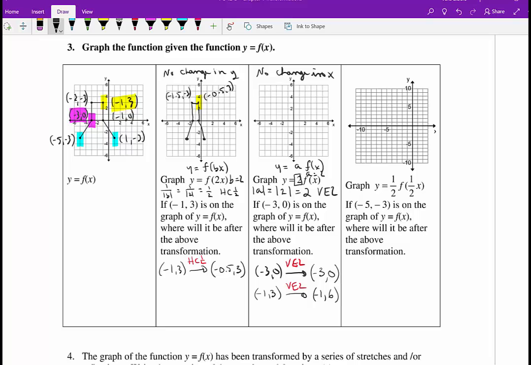Okay, so our point -3 and 0 stays the same, so we can plot that right here, -3 and 0. But our point -1 and 3 becomes -1 and 6, which is up here.